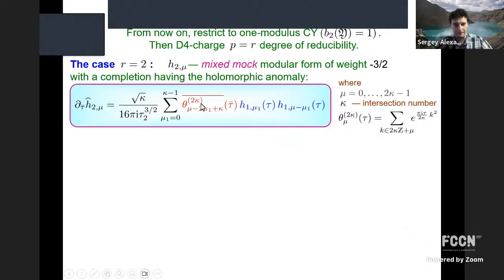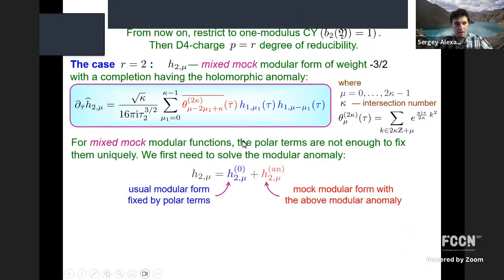And there is a coefficient in front, which is just a complex conjugation of a very simple theta series. And so this is the requirement of modularity in this case. And the question is, can we find generating functions which satisfy this property?